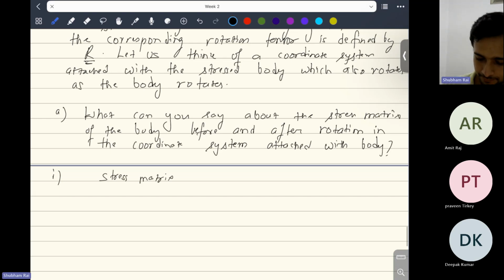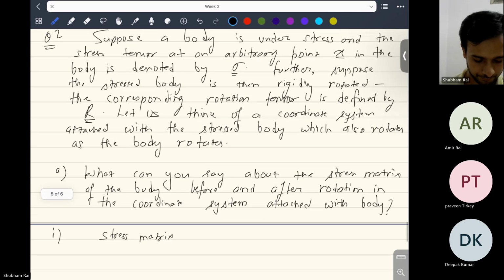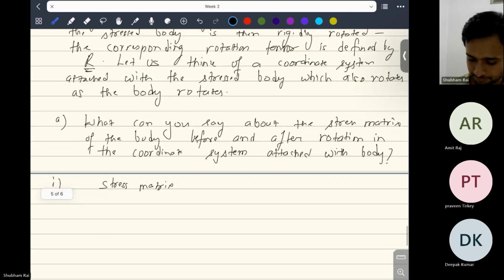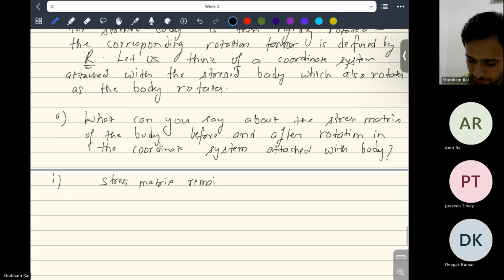Option one: the stress matrix remains the same both before and after rotation.